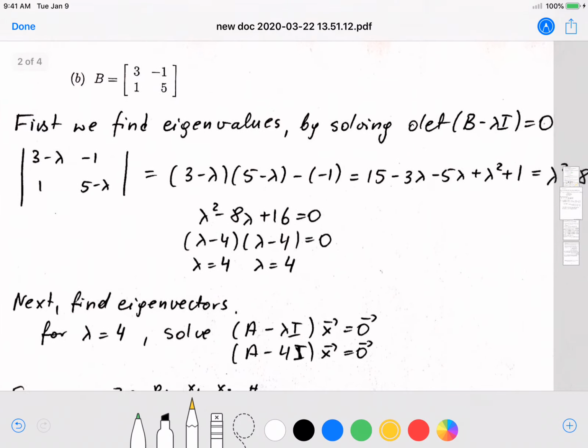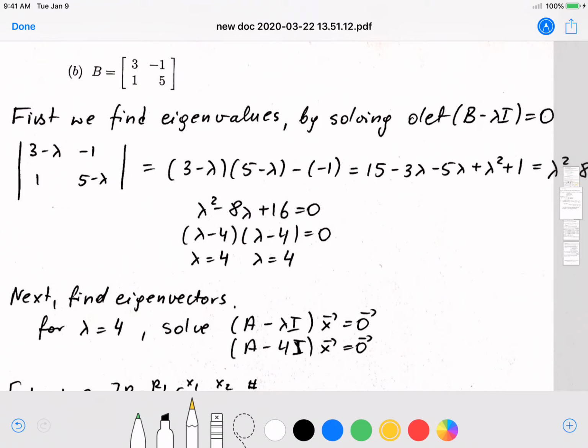Now for the second matrix, first we need to find eigenvalues. This matrix is not triangular, so we find eigenvalues by solving the equation determinant of B minus lambda identity equal to 0. So subtract lambda on the main diagonal, 3 minus lambda, 5 minus lambda, and then take the determinant.